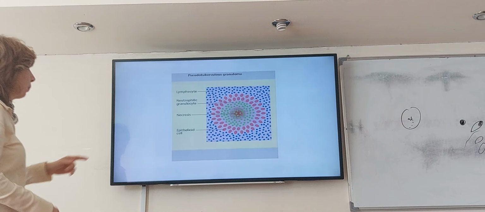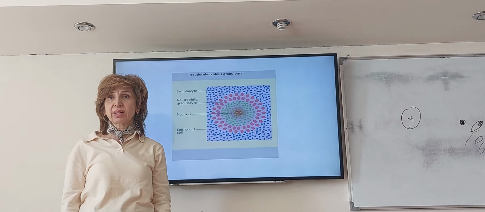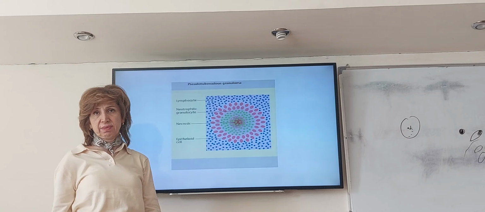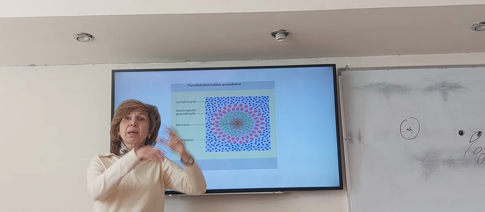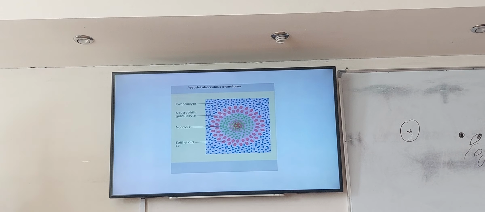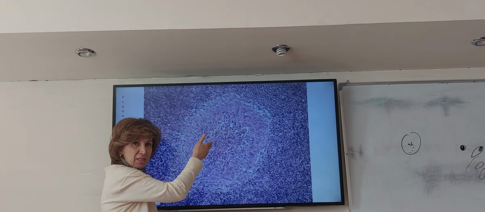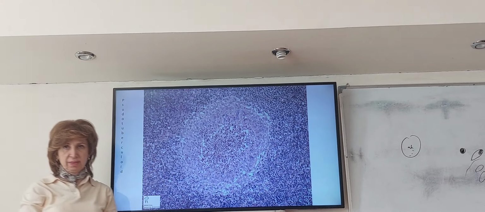So it's not caseous necrosis, but mainly neutrophils, surrounded with lymphocytes and histiocytes, epithelioid type together. Look at this central neutrophilic abscess, surrounded with histiocytes and lymphocytes.